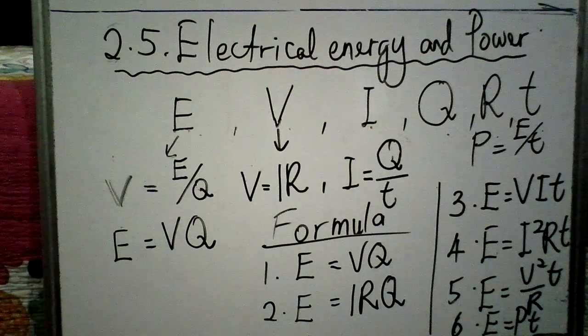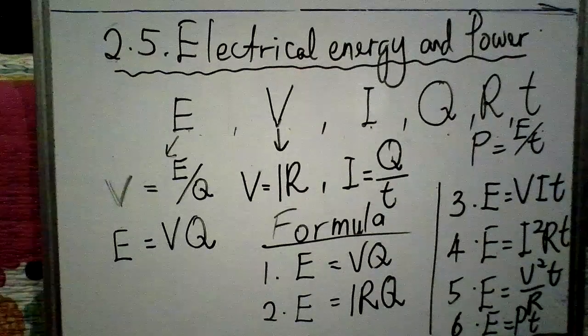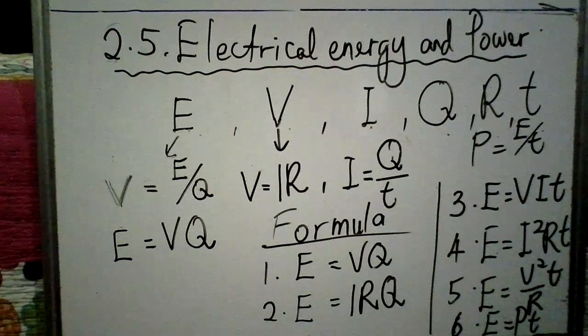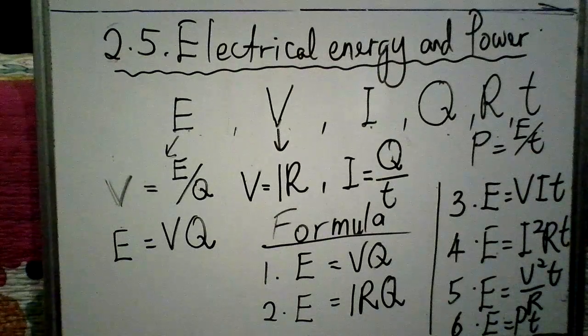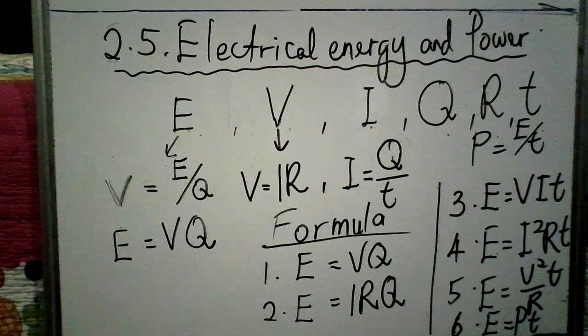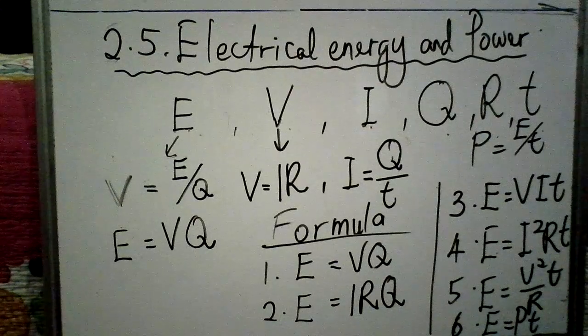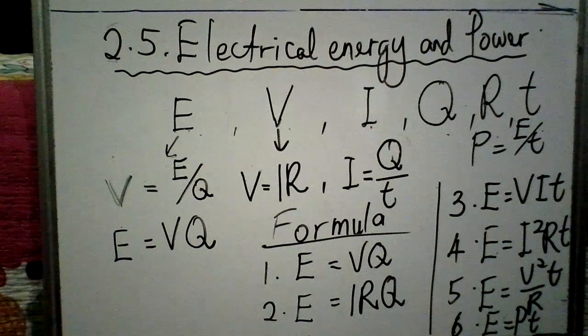Very simple example: if you turn on the switch to turn on a lamp or a bulb, electrical energy will be transferred to another type of energy, such as light energy and heat energy, meaning there is work done to overcome the resistance of the lamp that causes electrical energy to be converted to light energy and heat energy. That one is electrical energy.